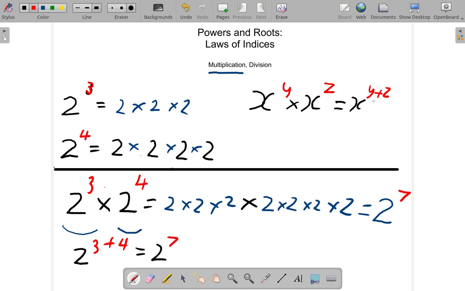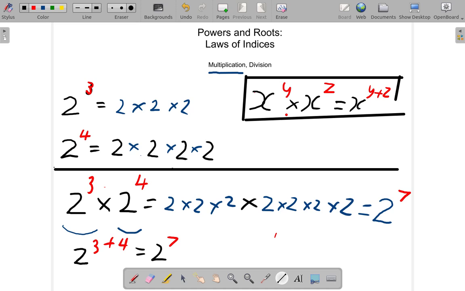Or you could try a plus b, same thing. So basically, everything comes together to give us this formula here: x to the y times x to the z equals x to the y plus z.